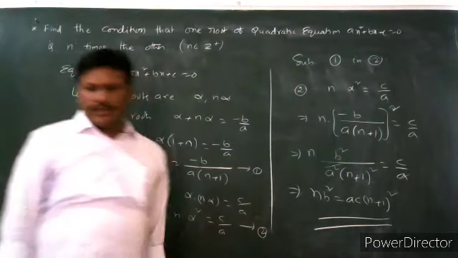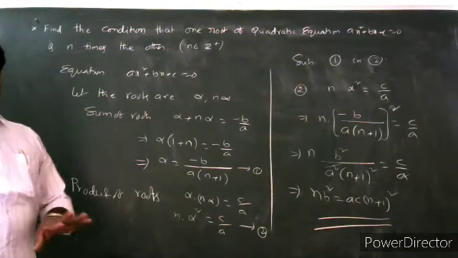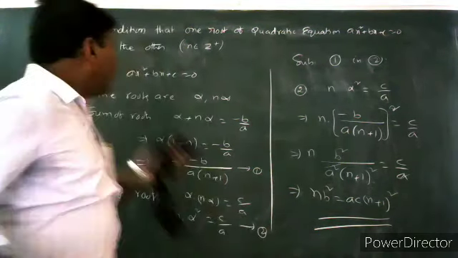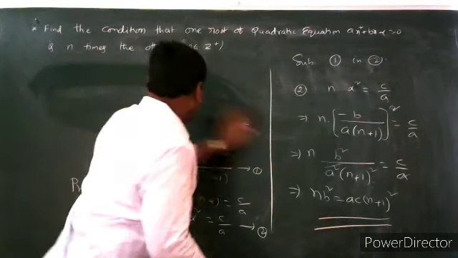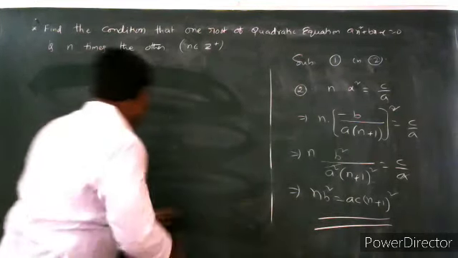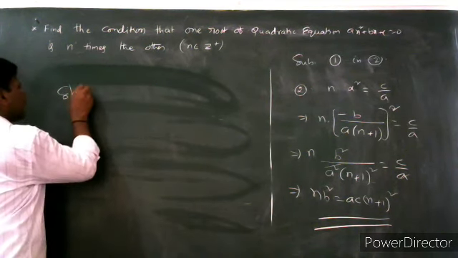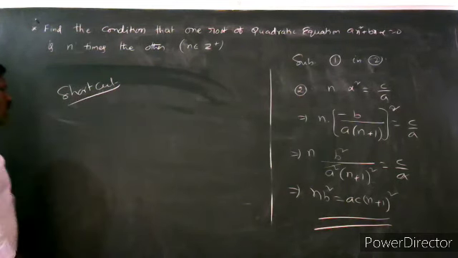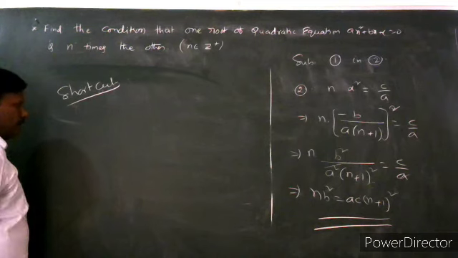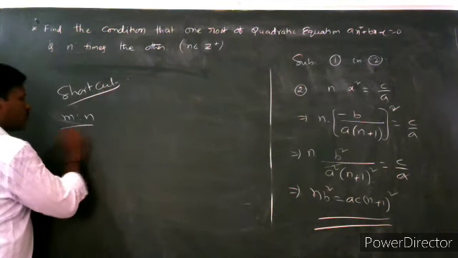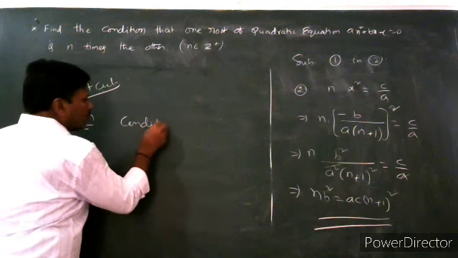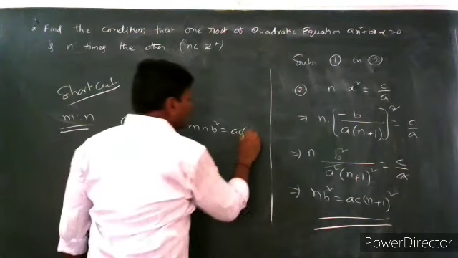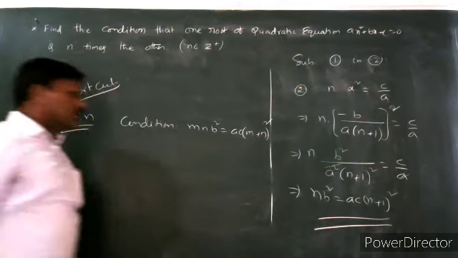This is the condition. The same problem can also be done in another way. That is the shortcut method. We already proved the formula. Shortcut method means just applying the formula. If the roots are in the ratio m is to n, the condition is mn b² = ac(m + n)².